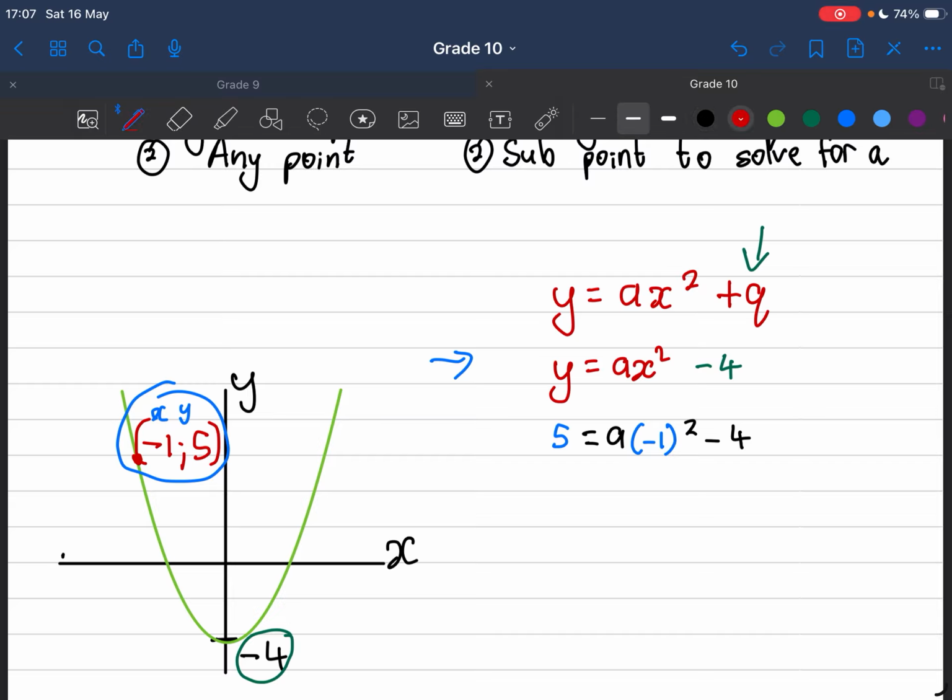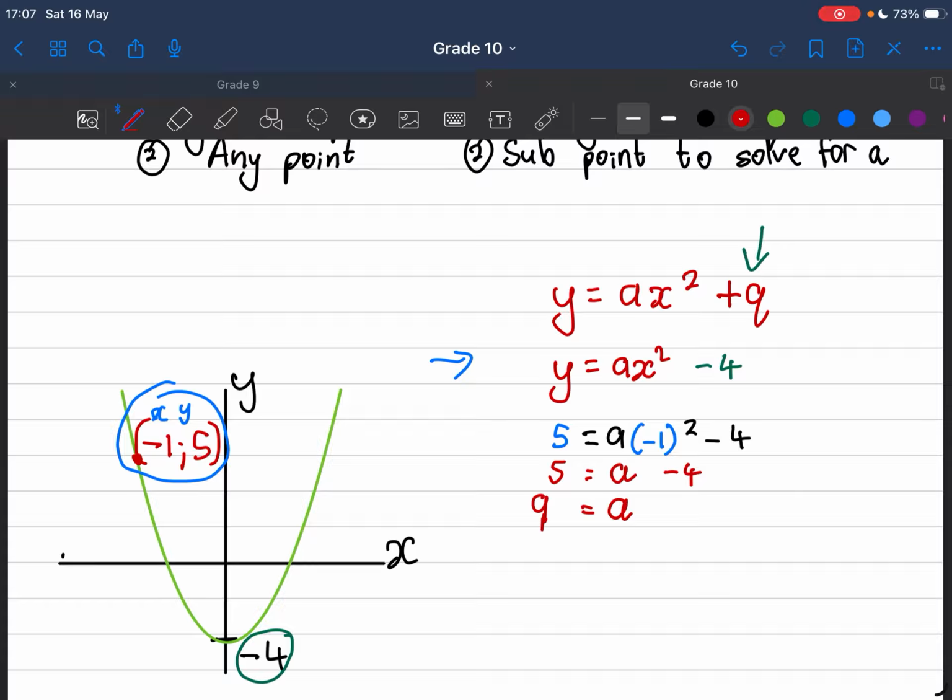Now, we just need to solve this equation. Negative 1 squared is positive 1, so it's just a minus 4, and we got 5. Now, if you go ahead and try to solve for a, you're going to move the 4 across, and it's going to become a plus 4. And 5 plus 4 is 9.